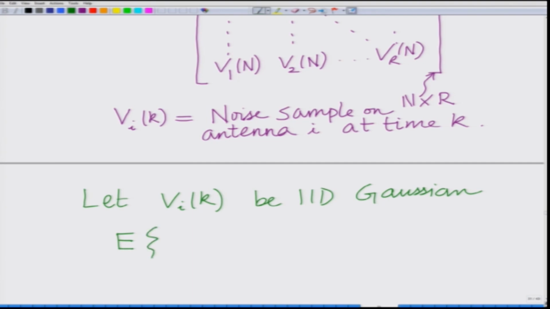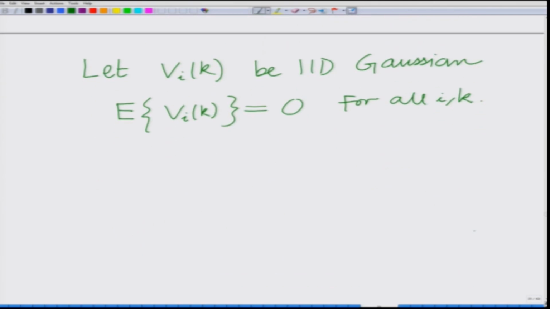Let us assume that they are 0 mean, again similar, following largely the development of the channel coefficient, expected V_ik equal to 0 for all i, k. The noise variance, expected value of magnitude V_ik square, is identical for all, statistically identical, independent identical.